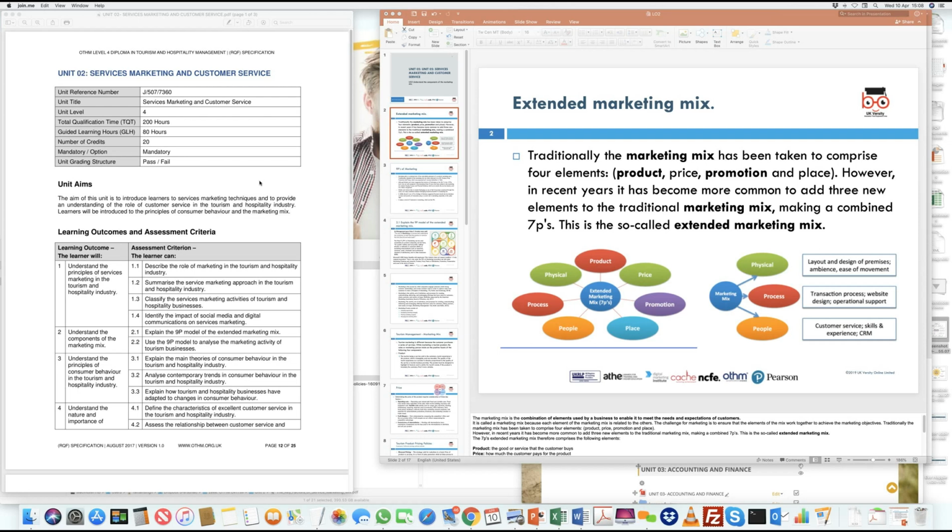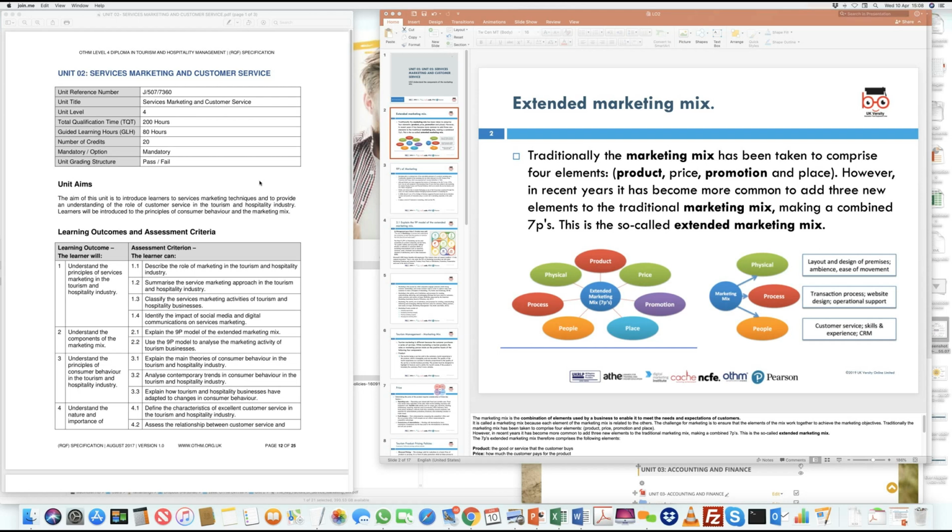But in the tourism and hospitality sector, what we want to be able to do is focus on 2 things. One is consumer behavior, which primarily helps us to understand customer service, the types of behavior which the customer exhibits. And the second part would be to look at understanding the service related aspect of marketing.